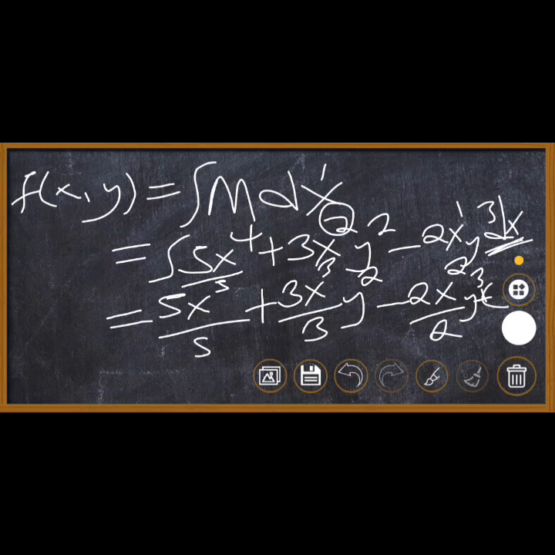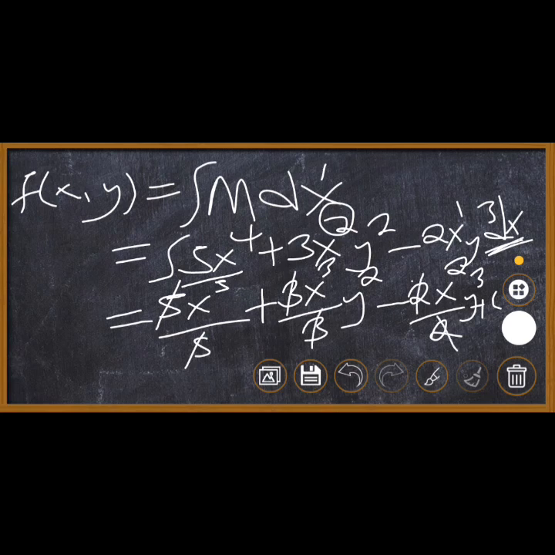Now in some books, they write the constant in different ways. Some books will use f of y, some will use x, they will use any other letters that they feel like. So in this case, then we are going to cancel 5 here, even here we are going to cancel 3, even here we are going to cancel 2.